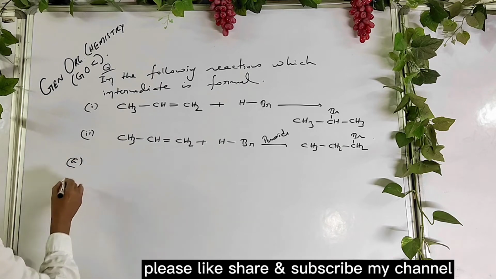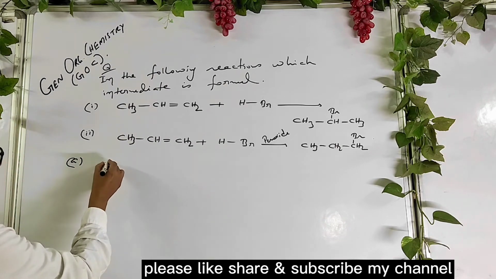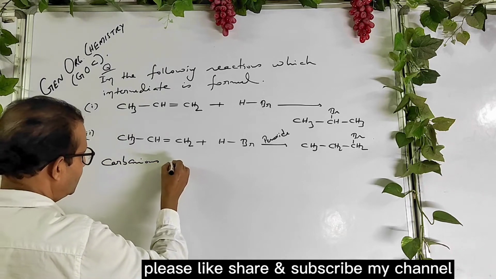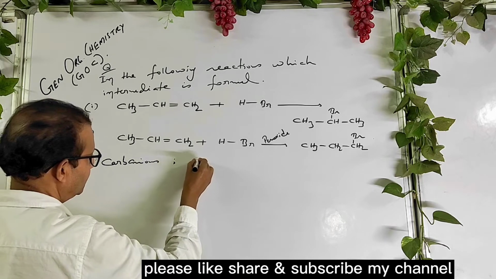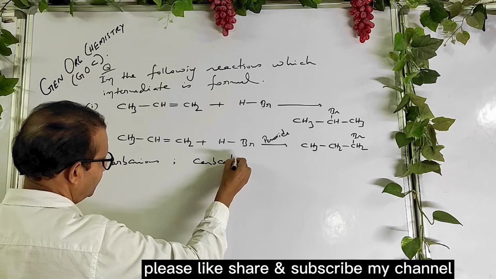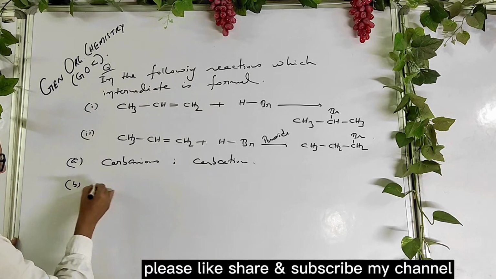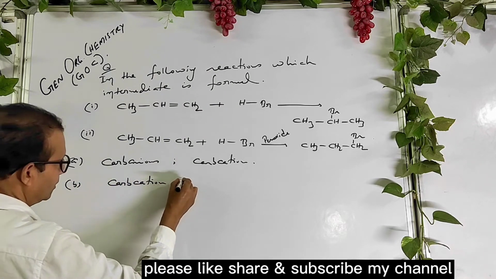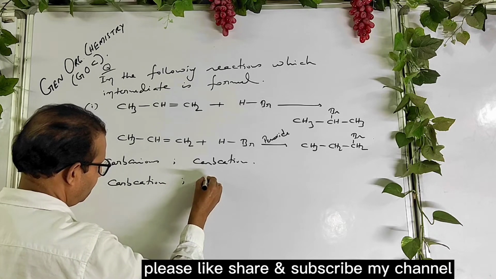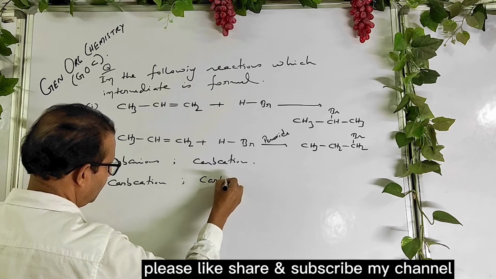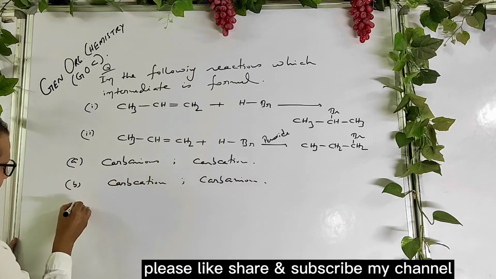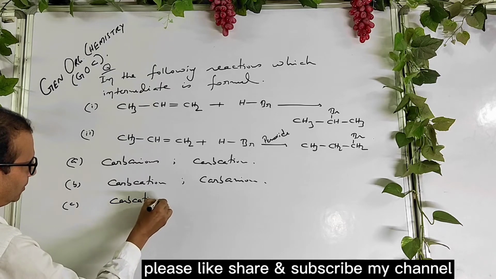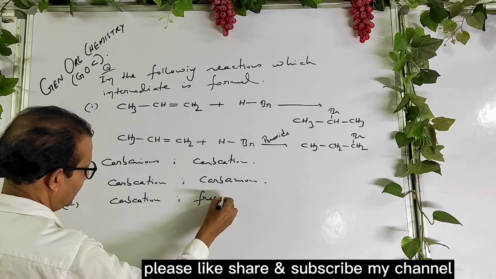You have to mention which intermediates are formed here. Option A, carbanion and carbocation. Option B, carbocation and carbanion. Option C, carbocation and free radical.